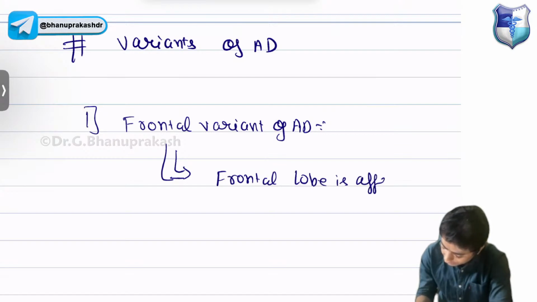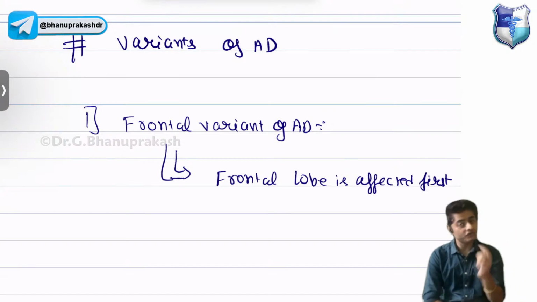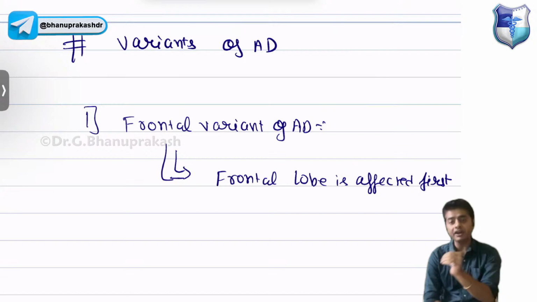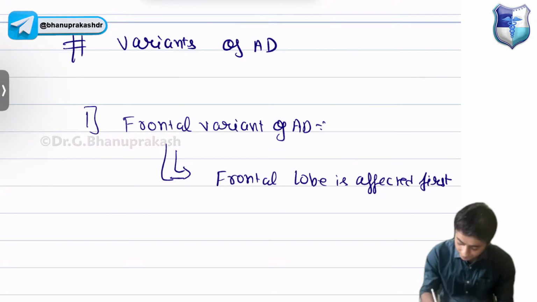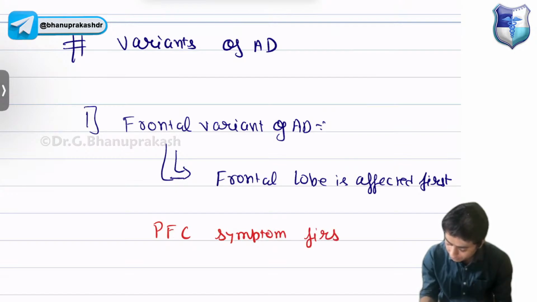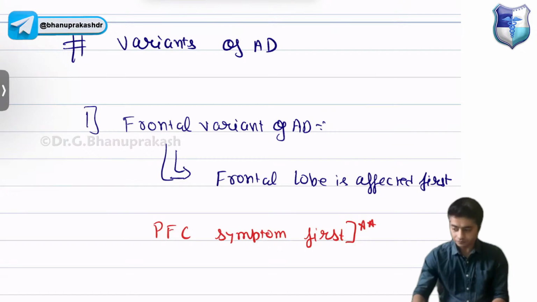Generally, in an Alzheimer's disease patient, memory is affected first, then the prefrontal cortex. But in the frontal variant, you will be seeing prefrontal cortex symptoms first. That is your frontal variant of Alzheimer's disease.